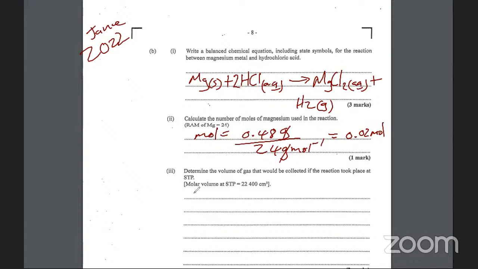So you're going to use the mole ratio. The mole ratio between magnesium and hydrogen is 1:1. Therefore, the moles of hydrogen equal 0.02 mole.